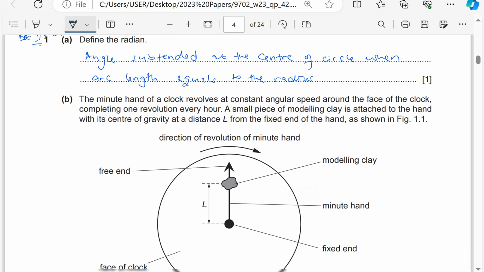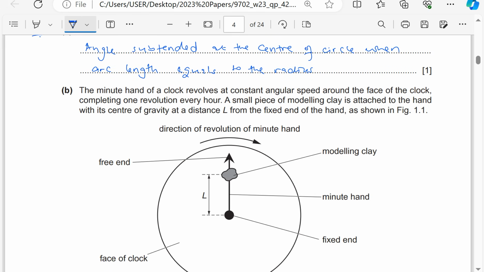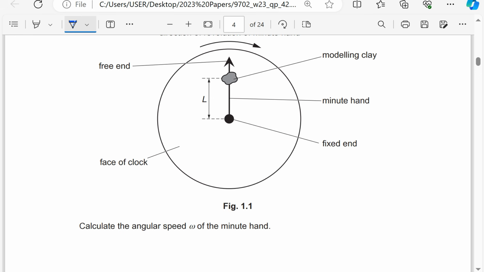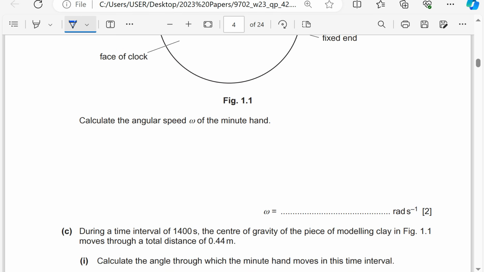The minute hand of a clock revolves at a constant angular speed omega around the face of the clock, completing one revolution every 1 hour. So the period is 1 hour. A small piece of modeling clay is attached to the hand with its center of gravity at a distance L from the fixed end of the hand as shown. Calculate the angular speed omega. Angular speed is 2 pi divided by the period.